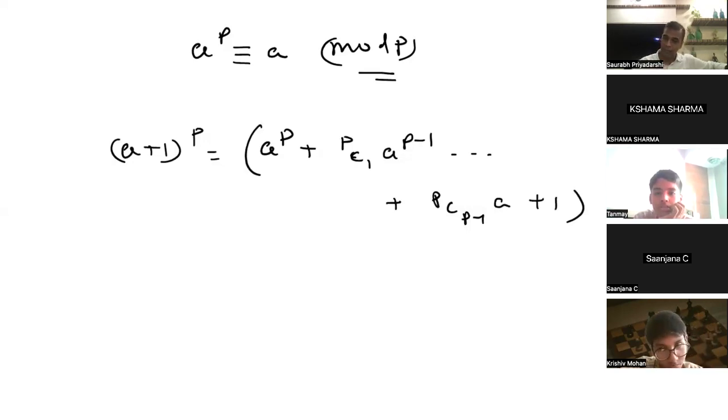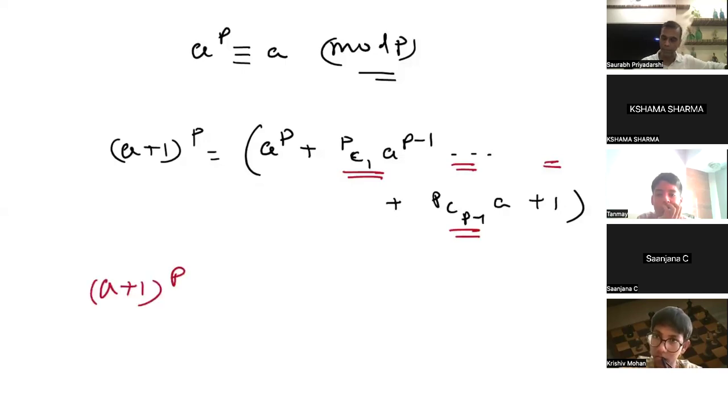Since p is a prime number, these middle terms will all be divisible by p. So mod p, a plus 1 to the power p is congruent to a to the power p plus 1 mod p.